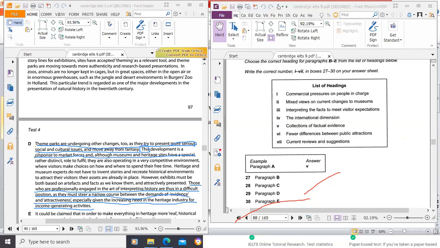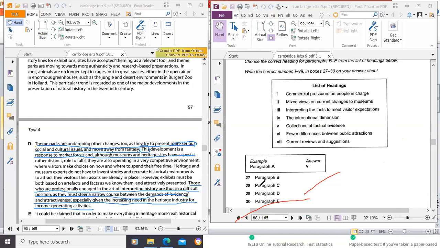So there is competition in this market, as you can see from here. So they are changing because there is competition in the market for them to present more serious social and cultural issues, which has led to experts now having to choose between yielding to demand for evidence or attractiveness.